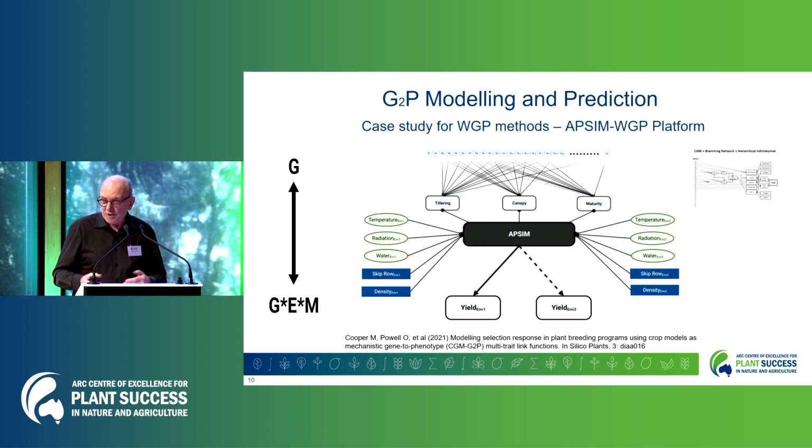So where that's going is to bring that model inside the whole genome prediction algorithm, and this is the work that Owen is doing. So for the G to G by E by M, we connect that top line, the weights from those genomic regions to the coefficients in the model that enables us to simulate the trait by trait and trait by environment interactions to get the yield outcome of those interactions.